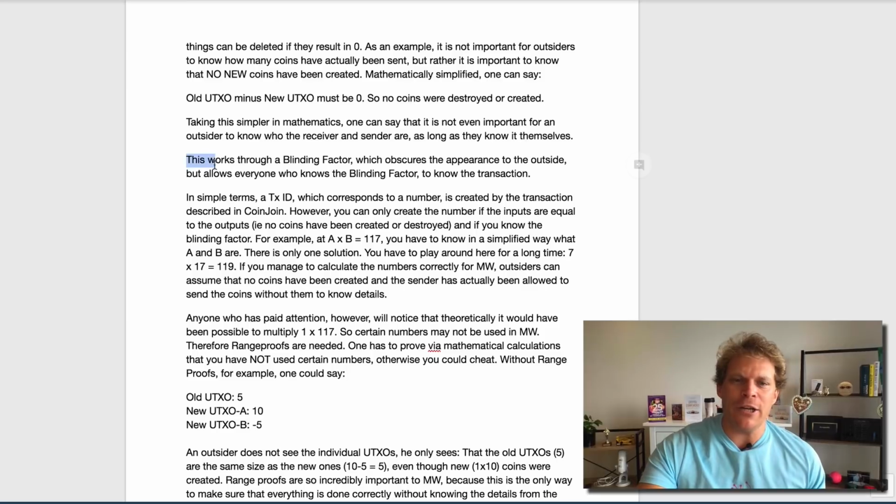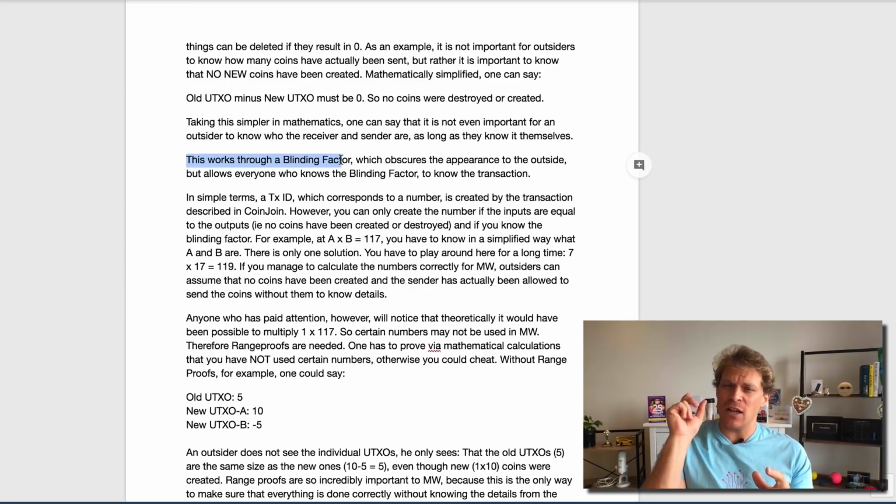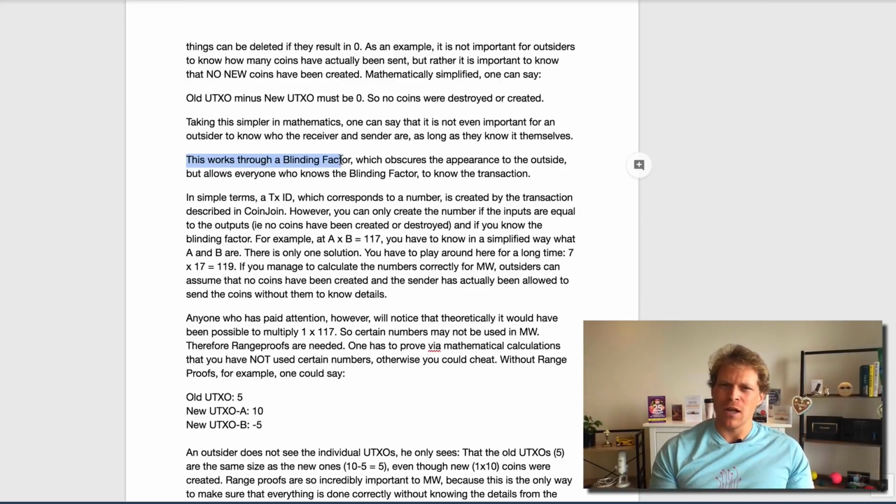Something that we're adding here is what's called a blinding factor. And we're adding this blinding factor in order to obscure the sender address, the amount, and the receiving address. The reason is that for someone trying to send the coins with the new UTXO, this person needs to know his private key, but also the actual blinding factor that was used.